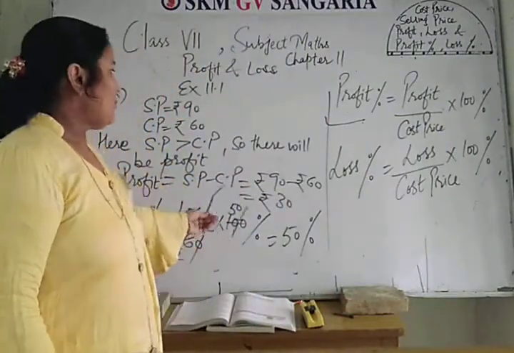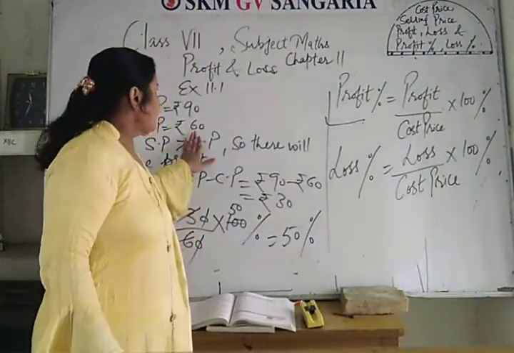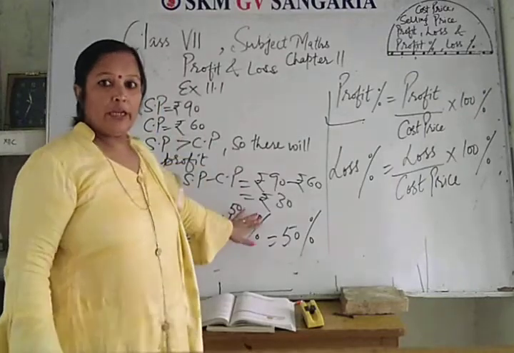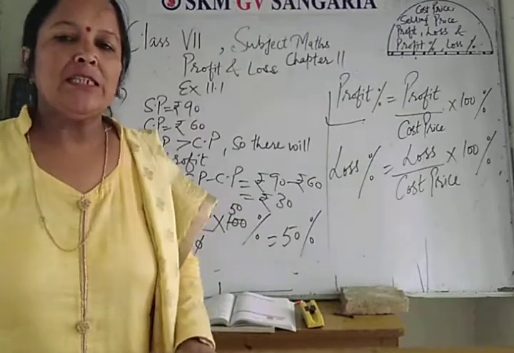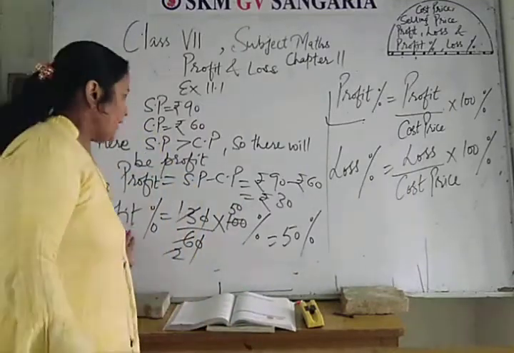Okay, the cost price was 60 and profit was 30. Half of the cost price means there is 50% profit. We have got the profit in percentage.